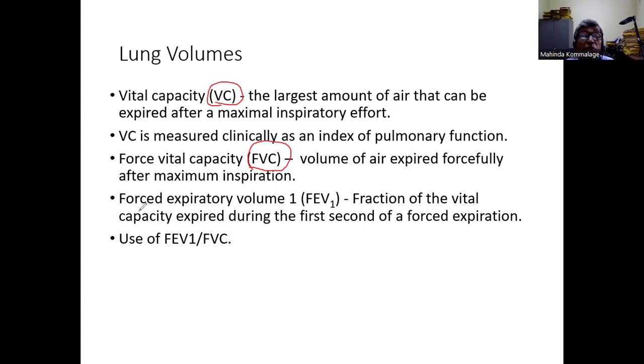Then we have forced expiratory volume 1. The easy way is to draw something like this. Let's say this is the rate and this is the time. We consider inspiration in this cycle.